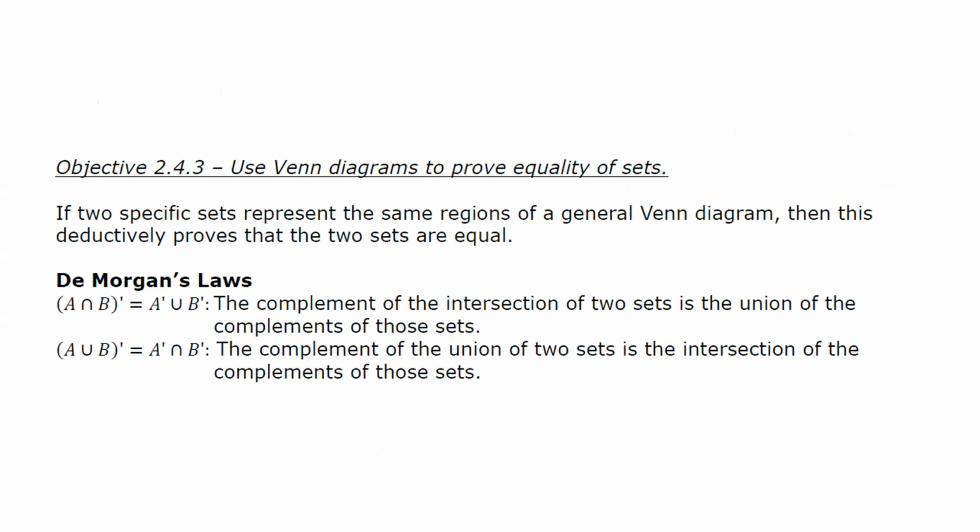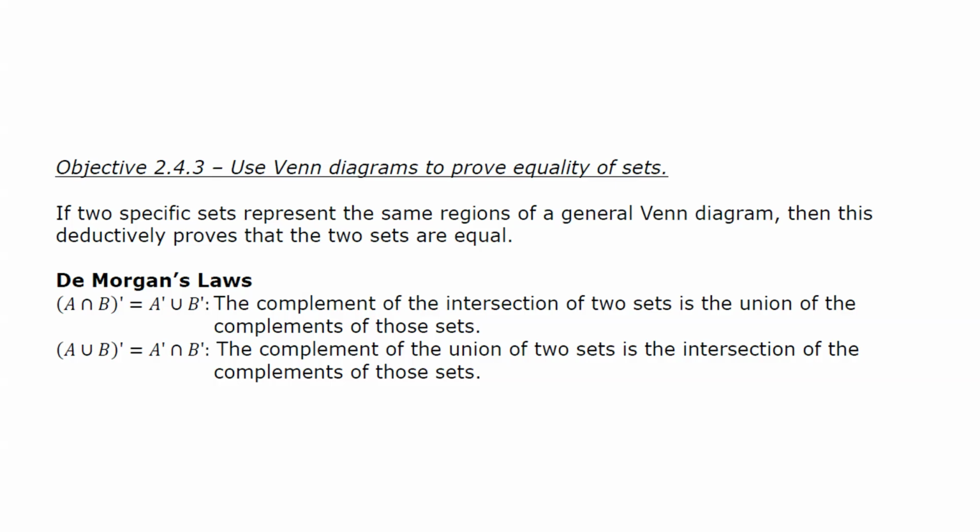All right, the third objective, use Venn diagrams to prove equality of sets. So if two specific sets represent the same regions of a general Venn diagram, then this deductively proves that the two sets are equal. So if the complement of A intersect B equals the complement of A union the complement of B, then we would say they are equal sets.